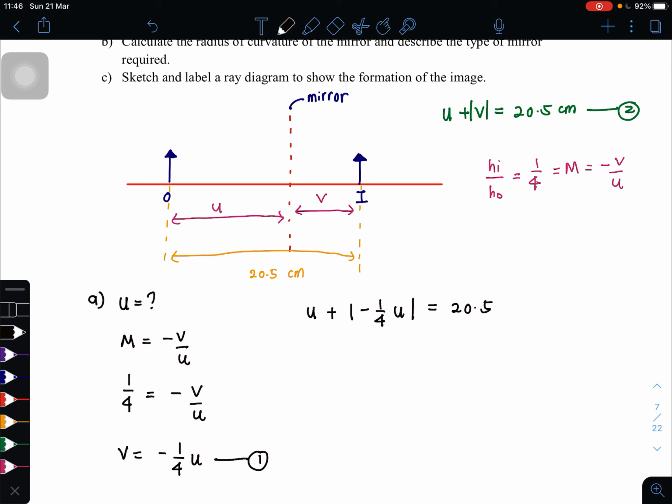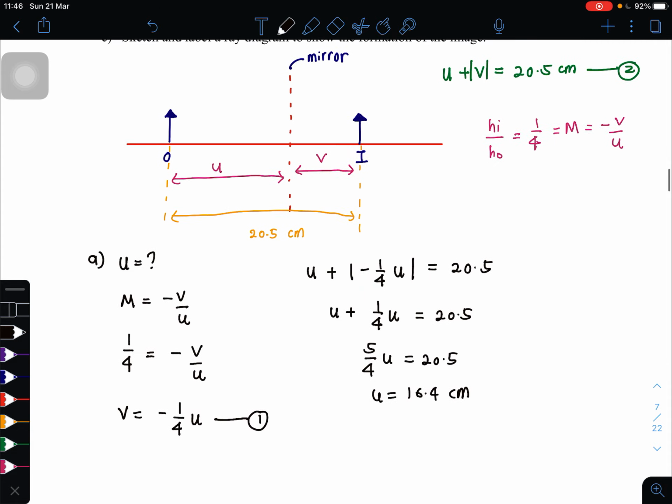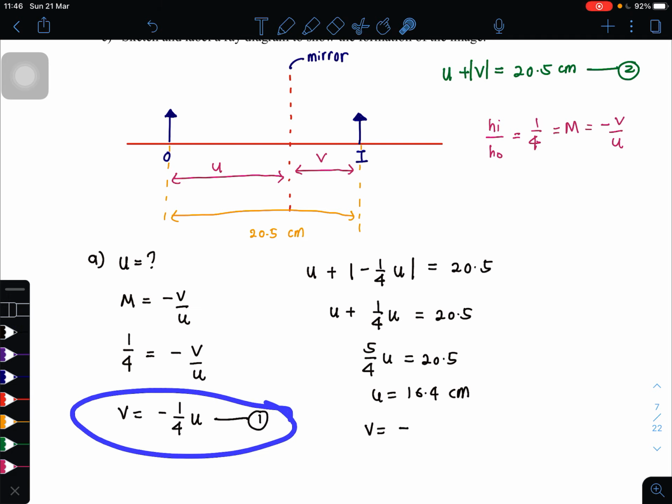So maksudnya dekat sini akan jadi U tambah 1/4 U, which is 20.5. So akan dapat 5/4 U equal to 20.5. So you can get U is equal to 16.4 cm. So from here we can actually get the value for V. So kita boleh terus carilah value for V will be equal to negative. Okay, kita kena includekan negatif dekat sini.